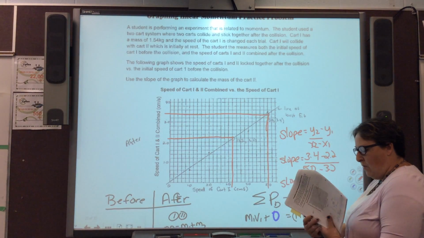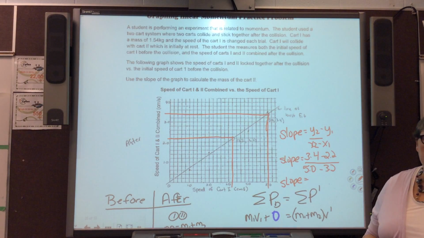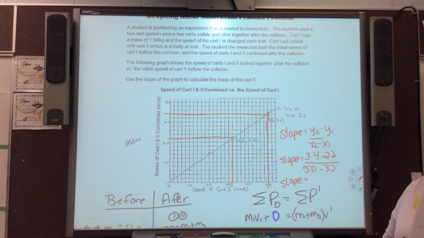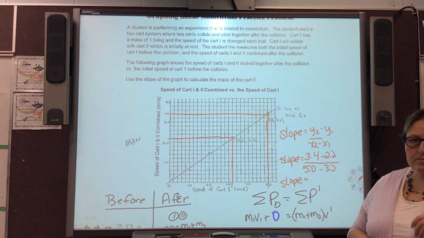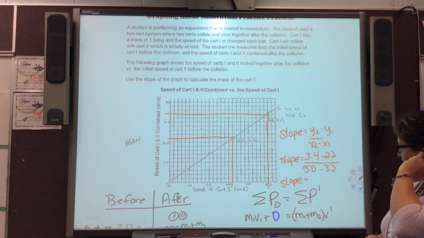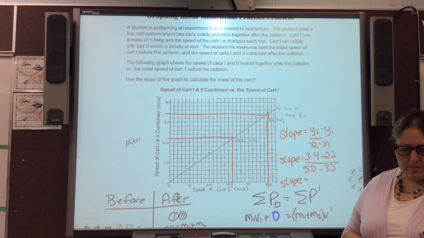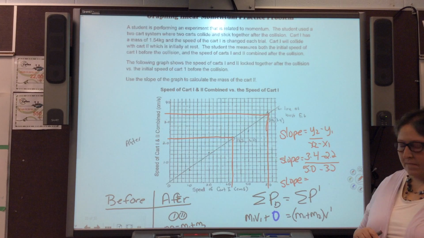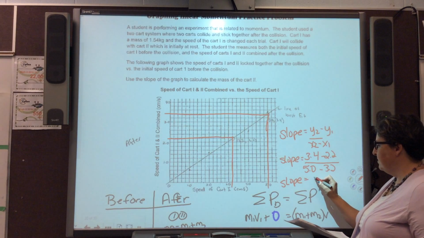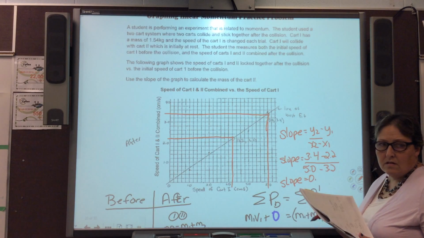So what do you get for a slope value? 0.6 repeating.